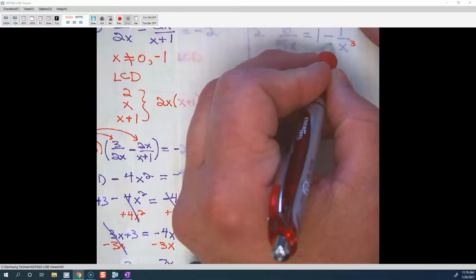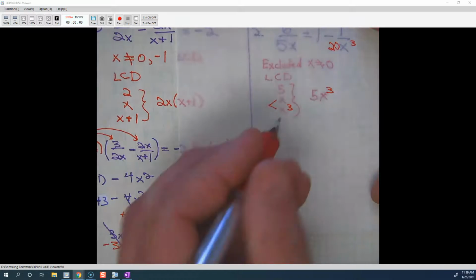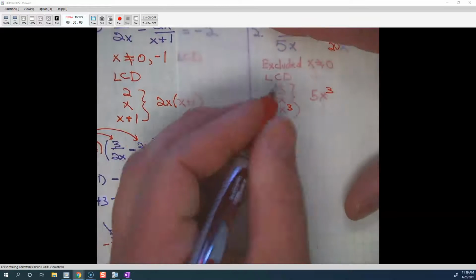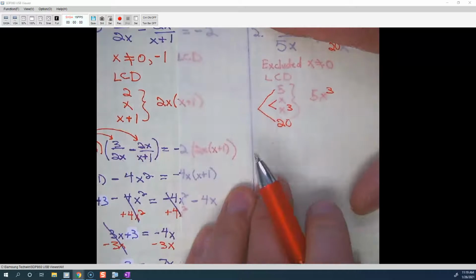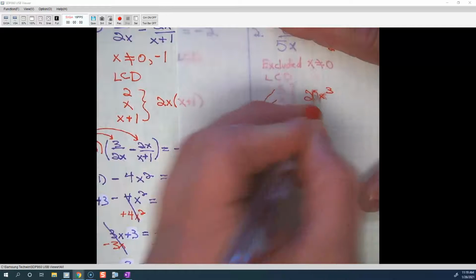Let's say that this was 20. So now I have 20 in this list. So now the least common denominator between 5 and 20 is 20x cubed.